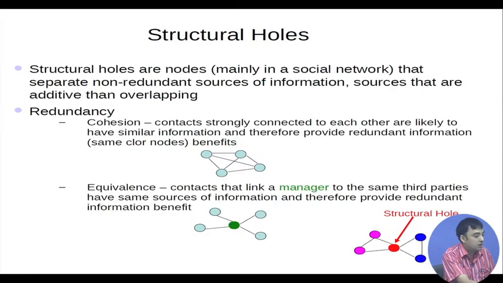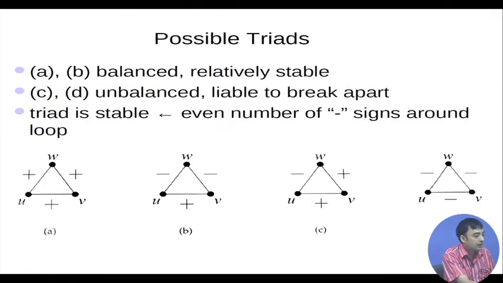So, in general, the idea is that you should have an even number of negative signs in the graph. Unless you have an even number of negative signs in the graph, the configuration is not stable. Okay. Only if you have an even number of negative signs on edges in a graph, then your configuration is a stable configuration.